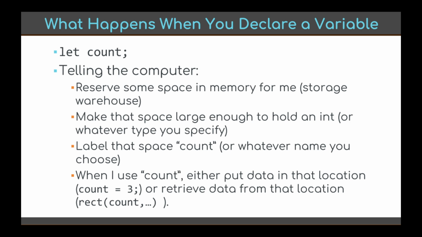And you can put data into count. Right here, we can put the number 3 into count with the equal operator. Now, this is a little different than math. In math, you're looking at both sides and checking to see if they're equal, balancing out an equation.